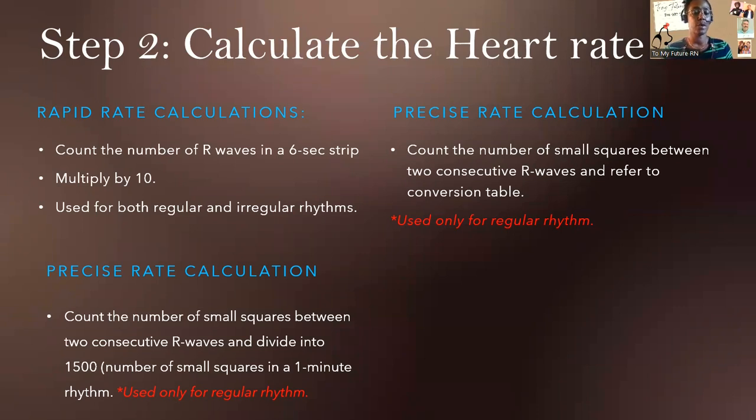For example, if you counted 13 small boxes in between 2 R waves and you divide 1,500 by 13, you would get a heart rate of 115 beats per minute. 1,500 is the magic number. You count your little small squares in between 2 consecutive R waves, and then you're going to get your rate per minute.